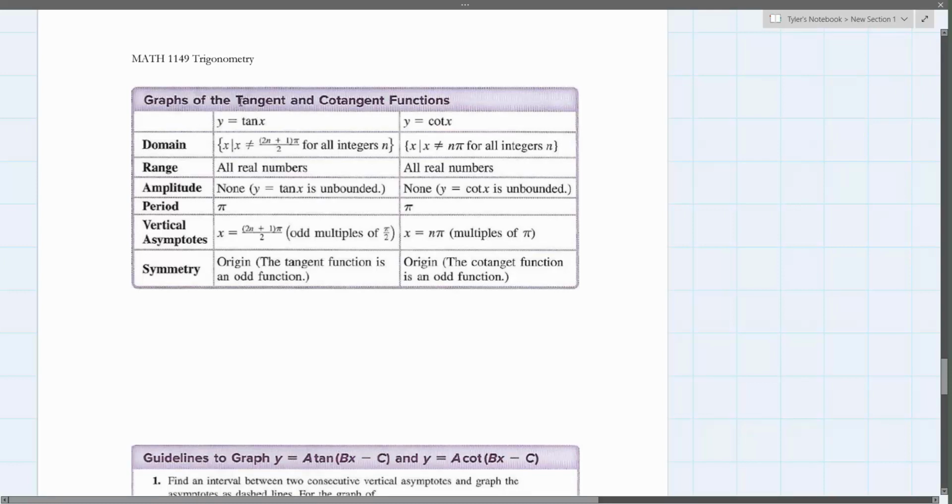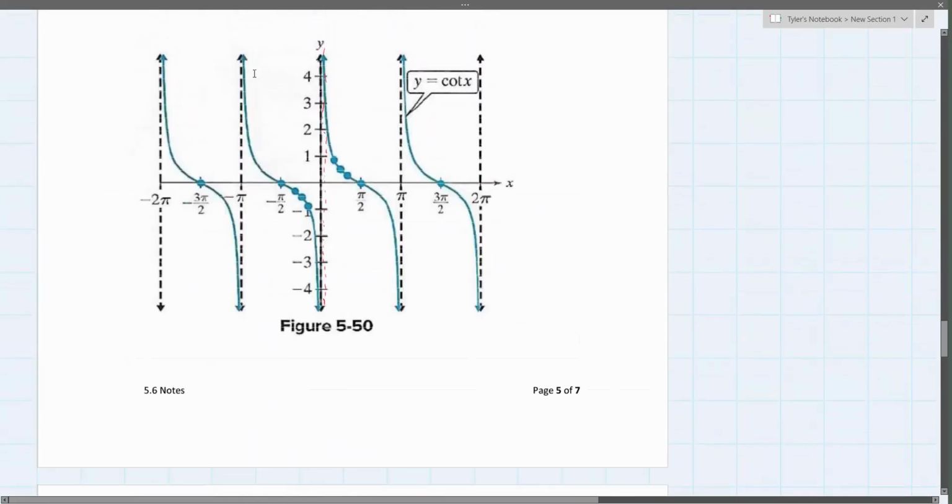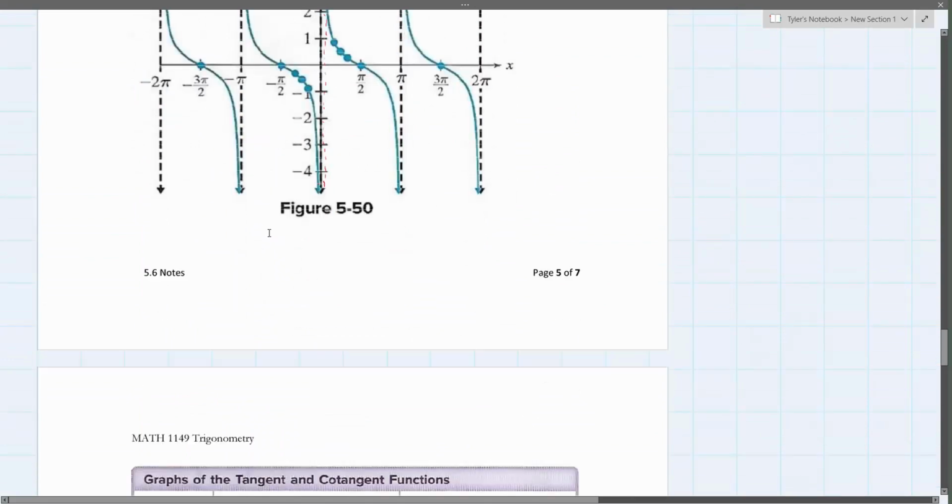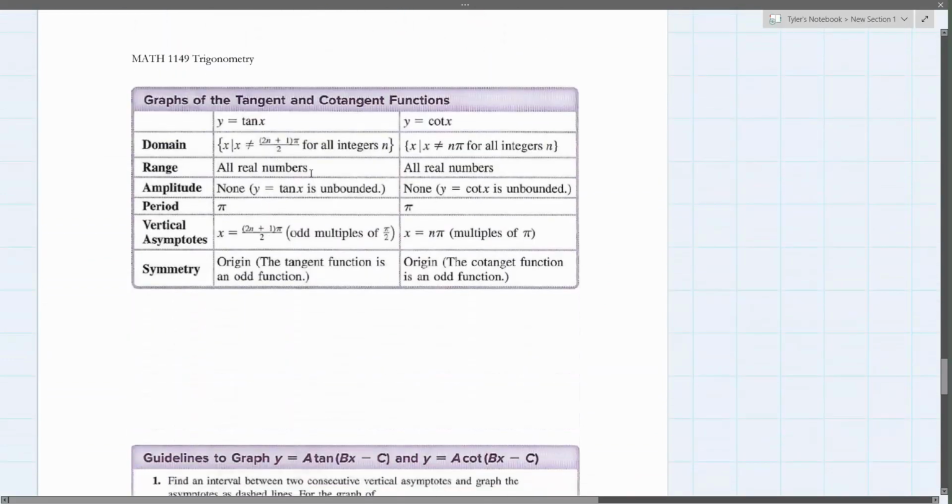right? So then what I have listed here are graphs of tangent and cotangent, and this is just a table putting everything together. So we already knew the domain. We looked at that in the last section. But something new here that we didn't know is the range. By looking at these graphs, we can tell the range, the possible y values, are going to be all real numbers, so that's going to go negative infinity to infinity.